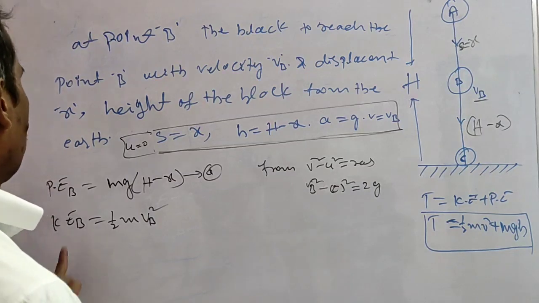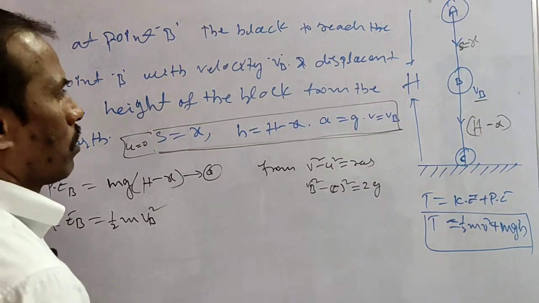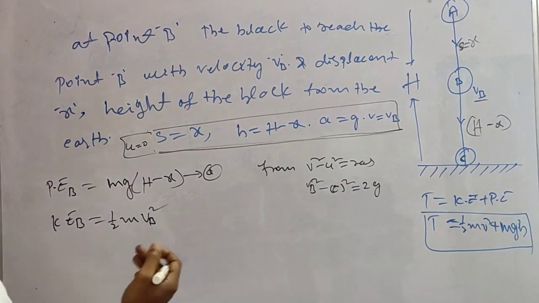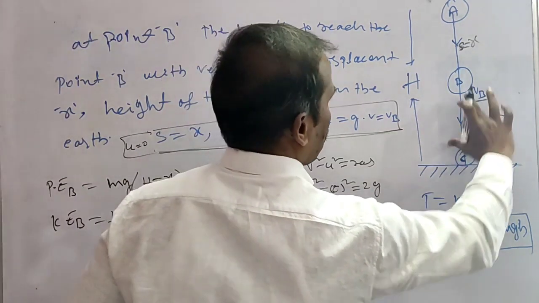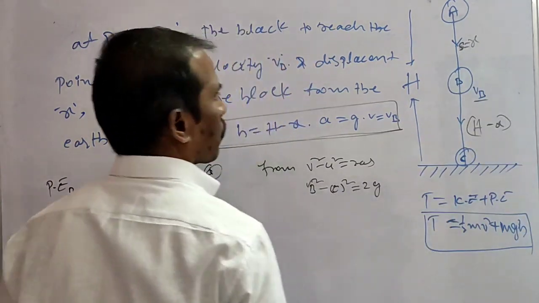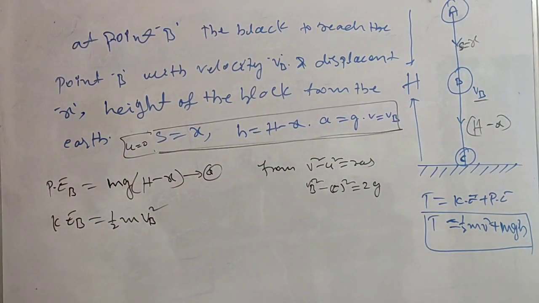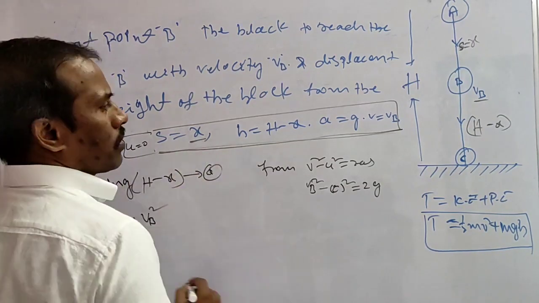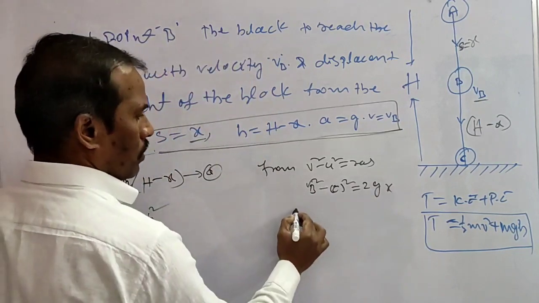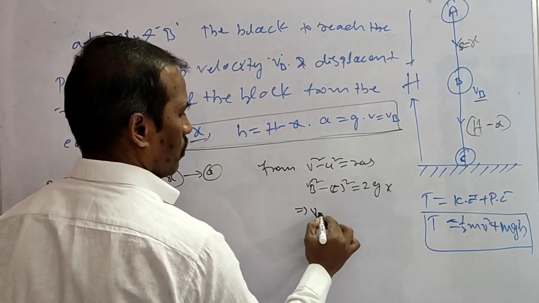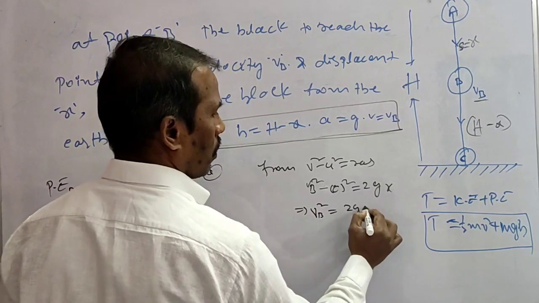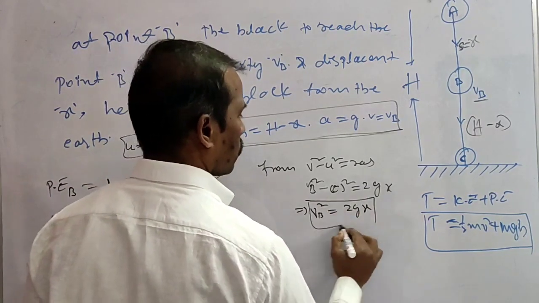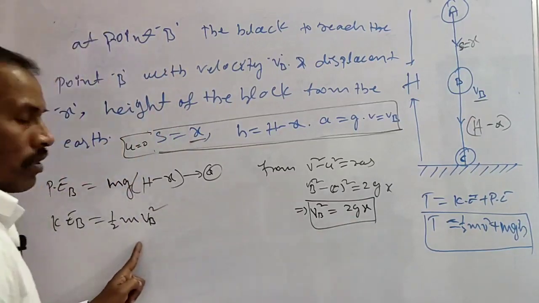Sorry, I made a mistake here. Check once: s is equal to x. Look here, s is equal to x, so simplifying, vb square is equal to 2gx. Substitute this value.